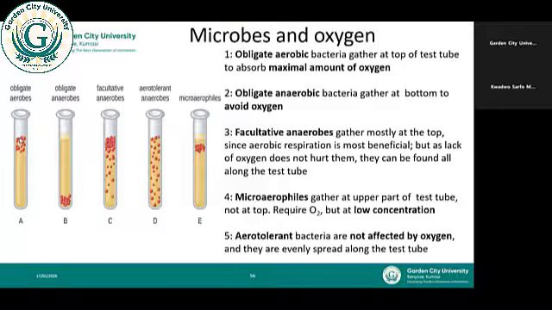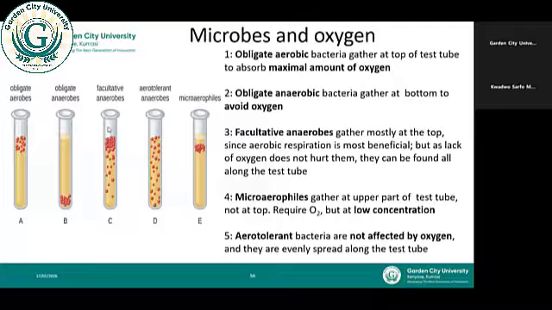That is why you see them coming to the top for oxygen, the very top. The obligate anaerobes will move to the bottom where there is no oxygen. So that's the difference between obligate aerobic organisms and obligate anaerobic organisms.